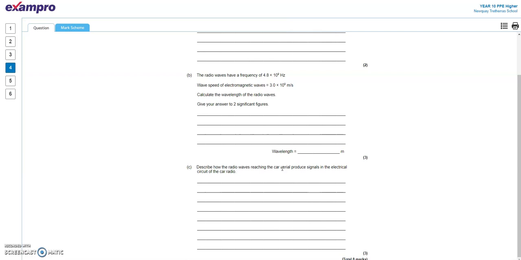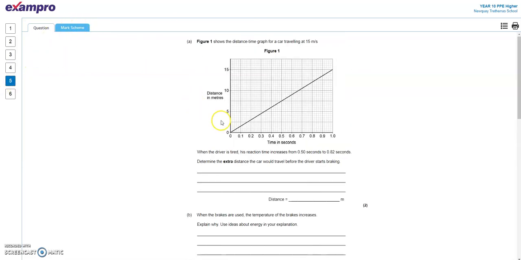If the electrons are vibrating, they're creating an alternating current. There's an AC current, alternating current, in the aerial, and the frequency of that current is the same as the frequency of the radio waves. So first the aerial absorbs the radio waves, that causes electrons to vibrate, that creates an alternating current that has the same frequency as the radio waves hitting the aerial. Move on to question 5.